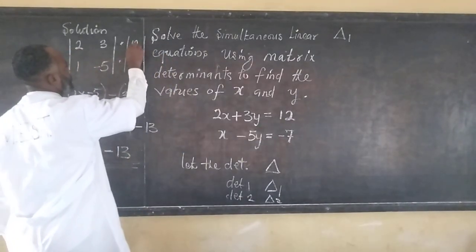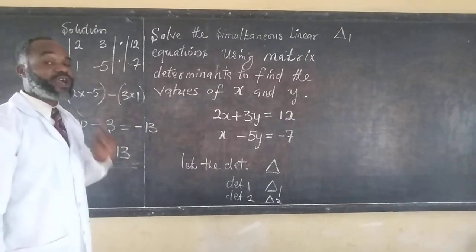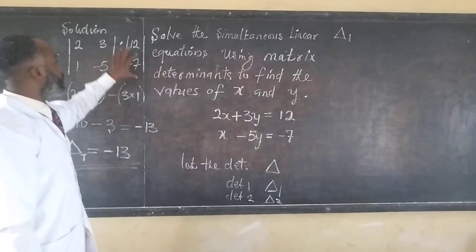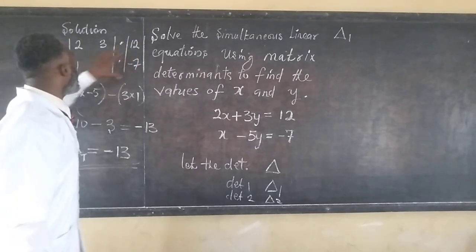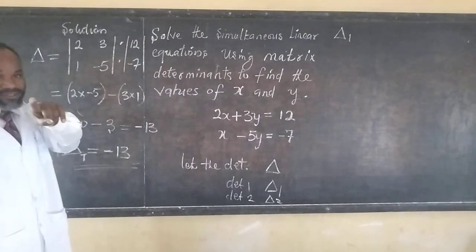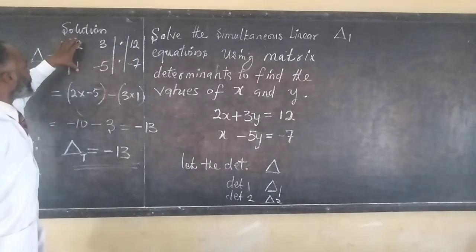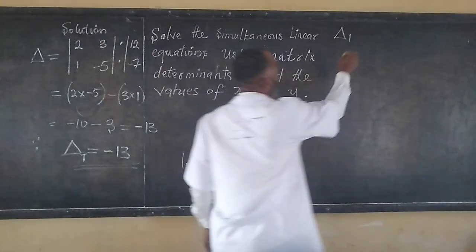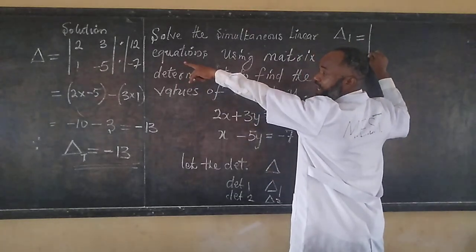So for us to find determinant 1, we're going to use the constants to replace the first column. The constants replace the first column while we retain the second column.